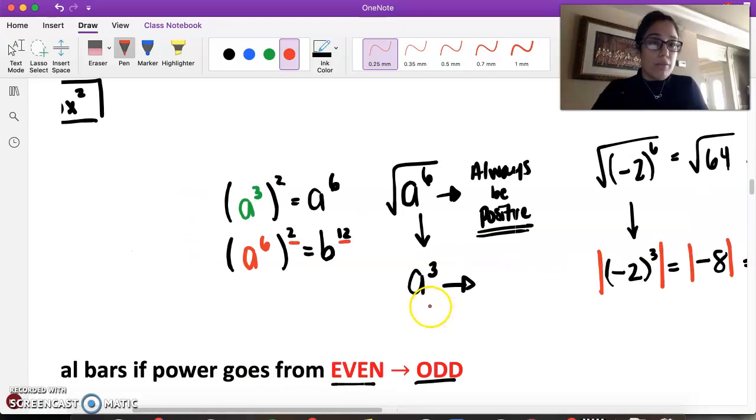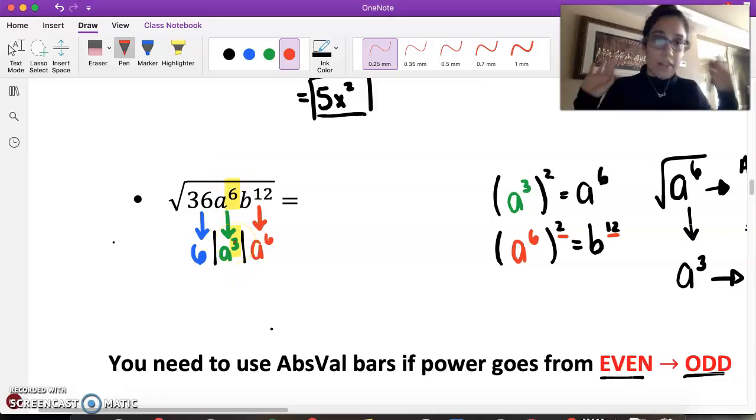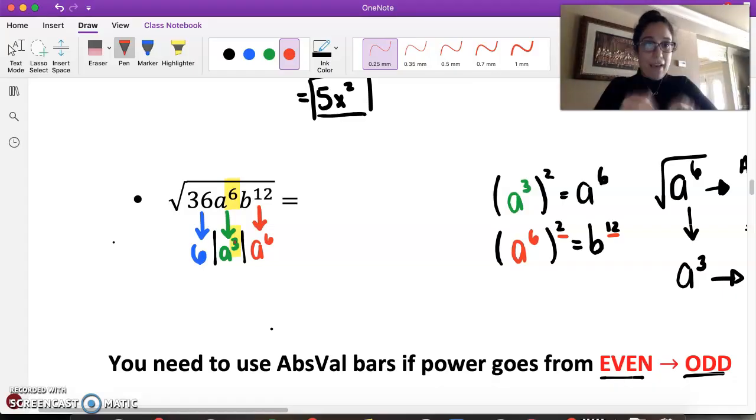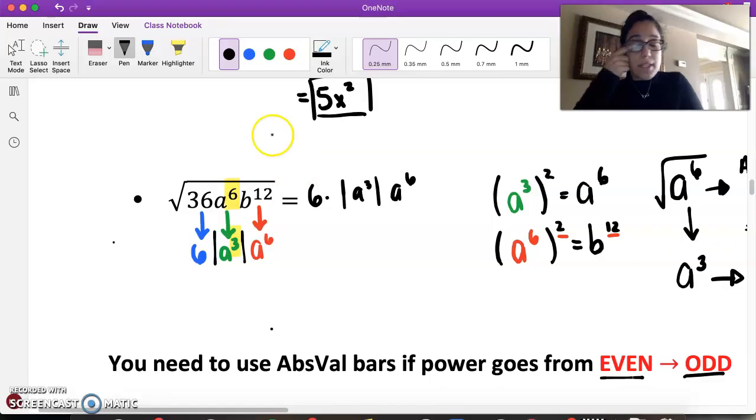So, in recap, when you go from an even degree to an odd degree, not the other way around, that doesn't matter, you have to use absolute value bars. And so you would get 6 times b to the 6th times the absolute value of a cubed, because the way that we set it up, we always put whatever's in the absolute value at the end.